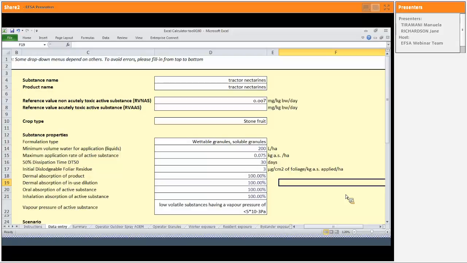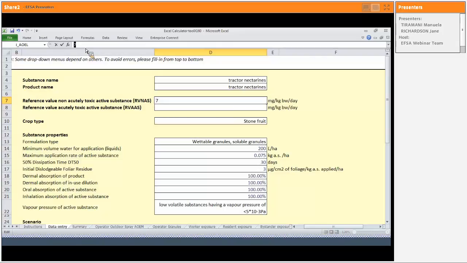It was decided to follow this approach considering a number of dissipation values for pesticides reported in appendixes C and D of the guidance, where it was indicated that the DT50 values could reach and exceed 30 days for some active substances.